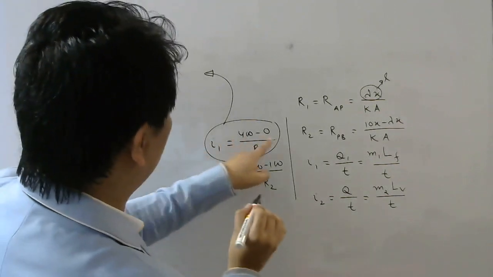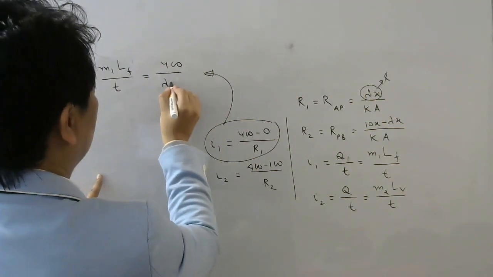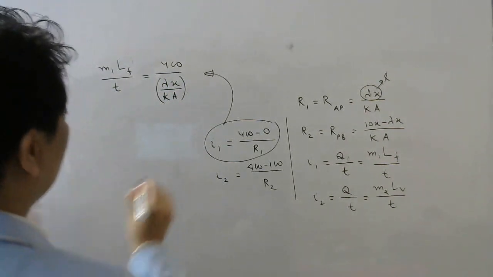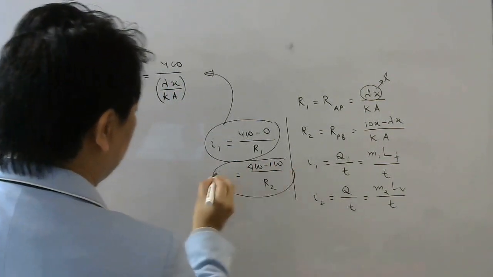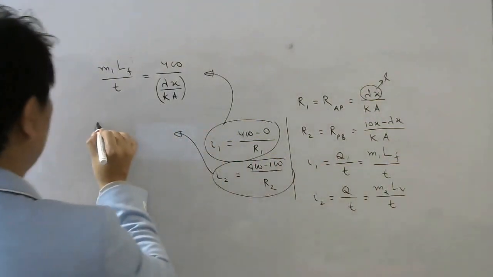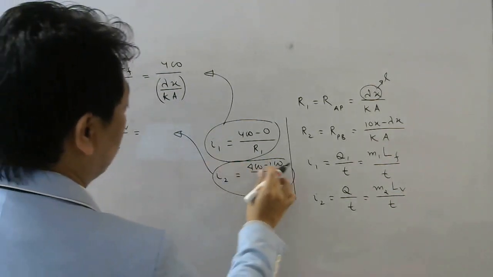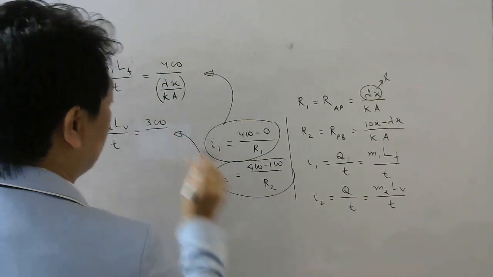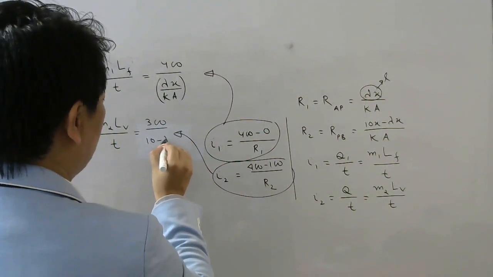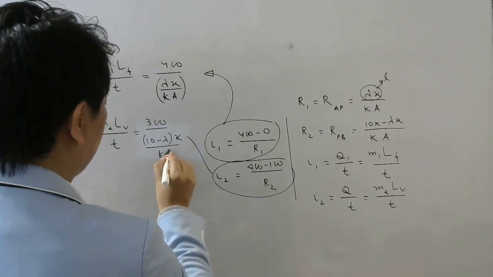That will be equal to 400 minus 0, which is 400, divided by R1. And R1 is lambda x divided by K times A. Similarly, this equation will become I2, which is M2 LV, the latent heat of vaporization, divided by time, equals 400 minus 100, which is 300, divided by R2. What is R2? 10x minus lambda x. If I take x common, it will be 10 minus lambda, times x, divided by KA.